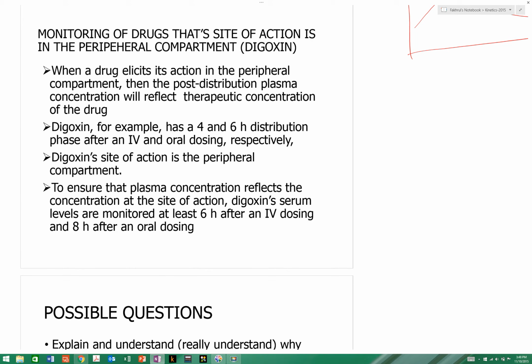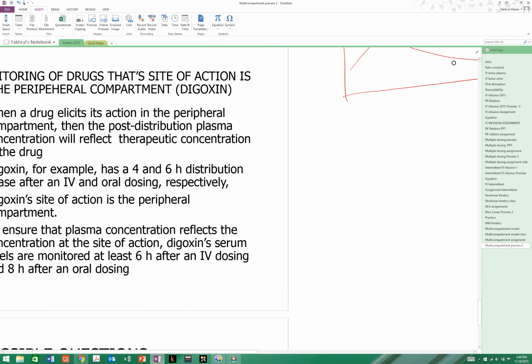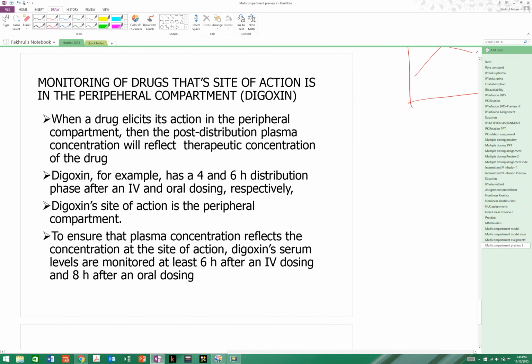So here, for example, digoxin, this question I will always ask. Digoxin, for example, has a half-life of 4 to 6 hours in the distribution phase after IV and oral administration.